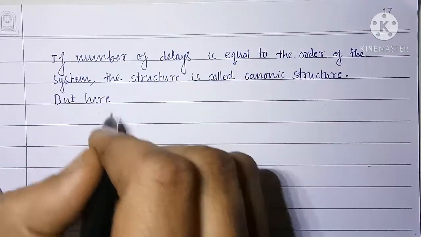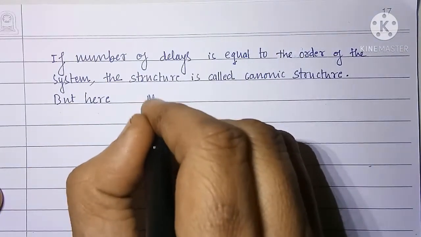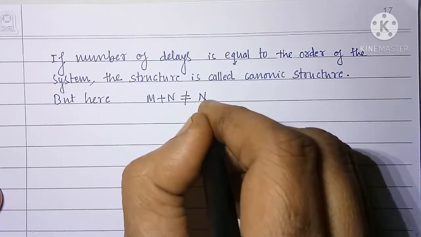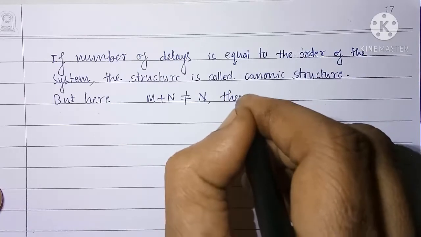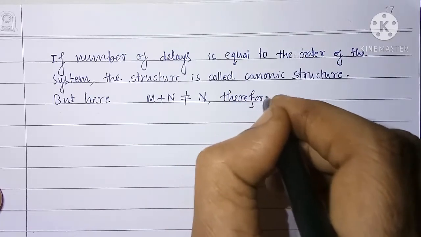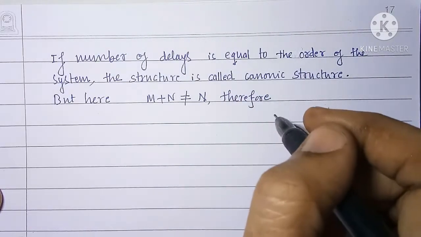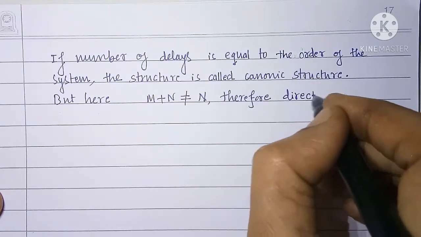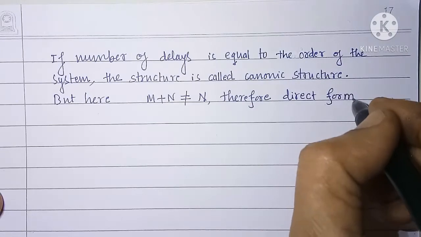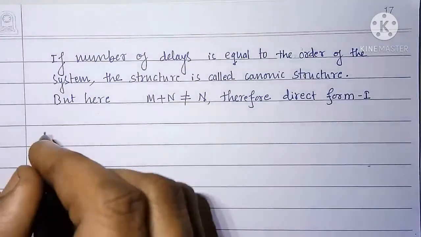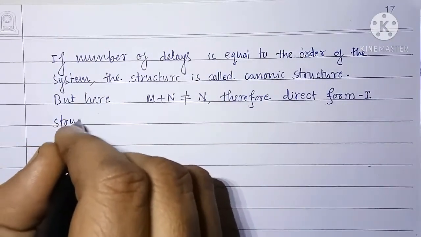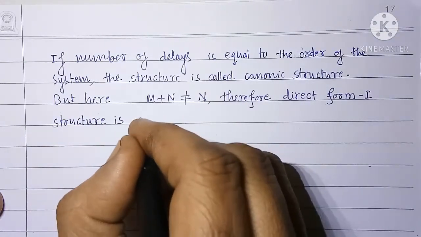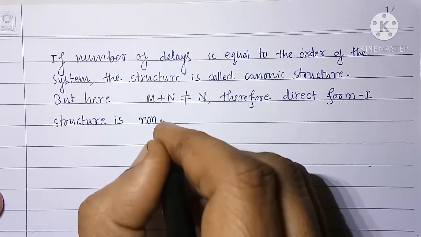But here m plus n is not equal to N. Therefore, direct form 1 structure is non-canonic structure.